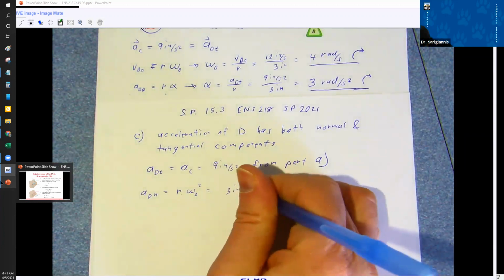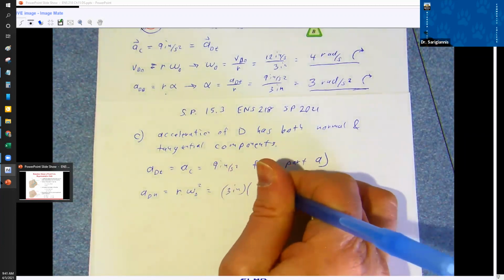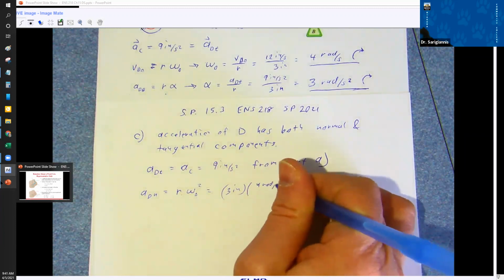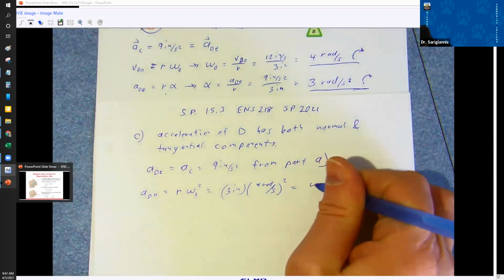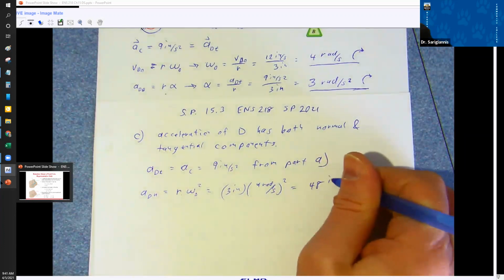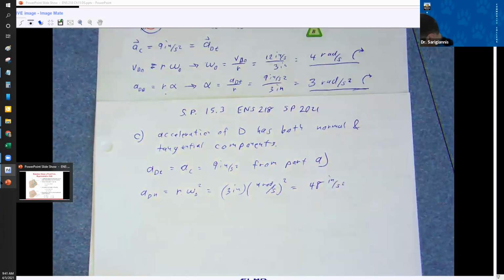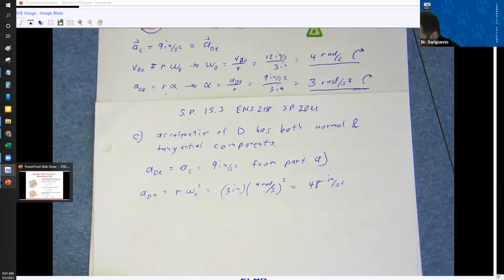So we've got 3 inches times 4 radians per second squared. And that's just going to be 48 inches per second squared, right? So now we're actually converting this to a time, or sorry, a distance measurement.